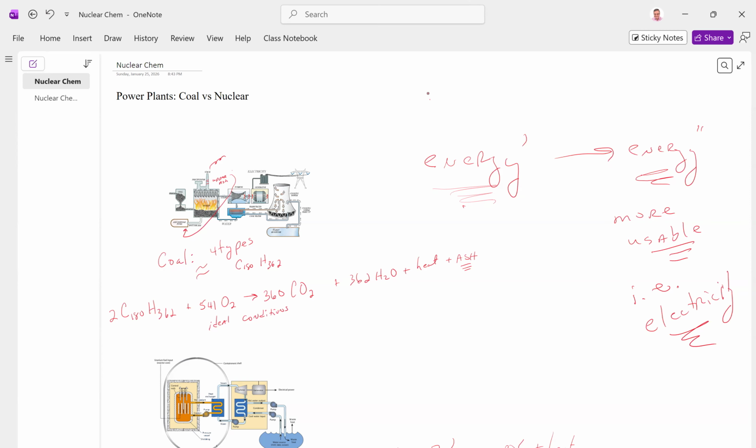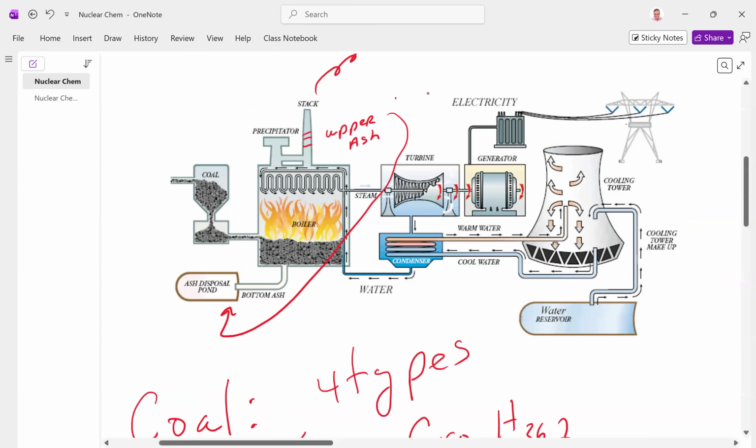And then there is coal-fired, and also under coal, we're going to put oil. It's mostly coal, and then actually natural gas. Basically, fossil fuels. Okay, but this schematic here will represent all the fossil fuels.